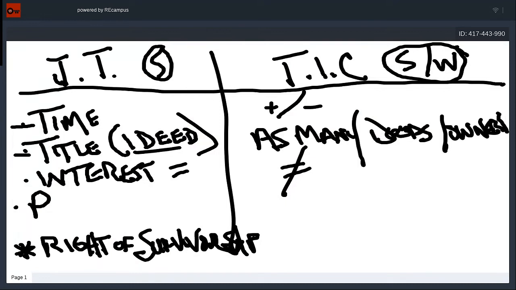I got a 20% interest. Tim got a 46% interest. Jimmy got a 34% interest. Unequal. Whereas if we were joint tenants, 33 and 30, 33 and 30, 33 and 30. Always equal. Now, like I said, you can have equal here. It's just possible to have unequal.